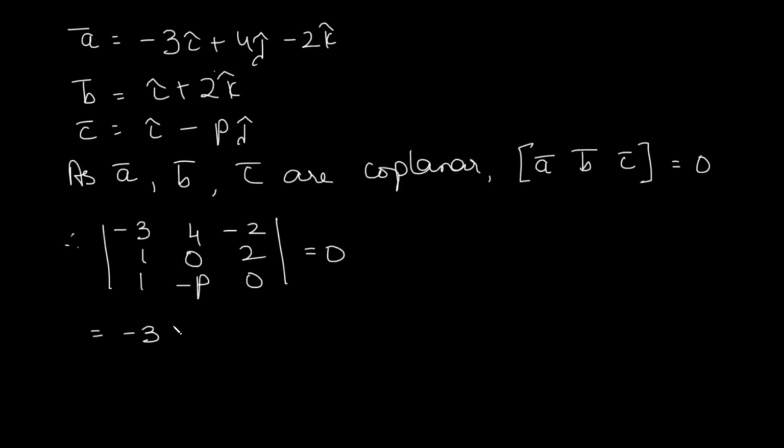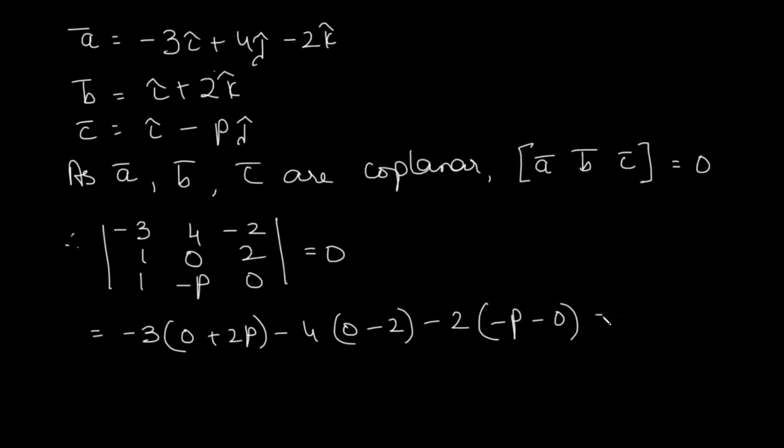That means minus 3 into 0 plus 2p, cross multiplying, minus 4 into 0 minus 2, minus 2 into minus p minus 0, which comes out as 0. So as a result, we have minus 6p plus 8 plus 2p is equal to 0.